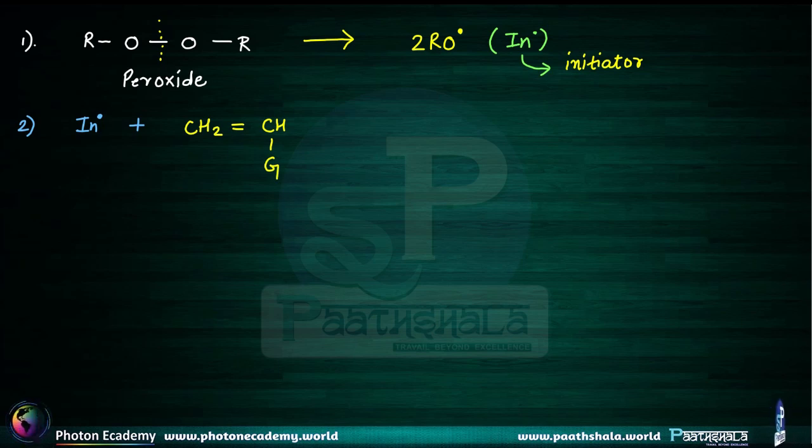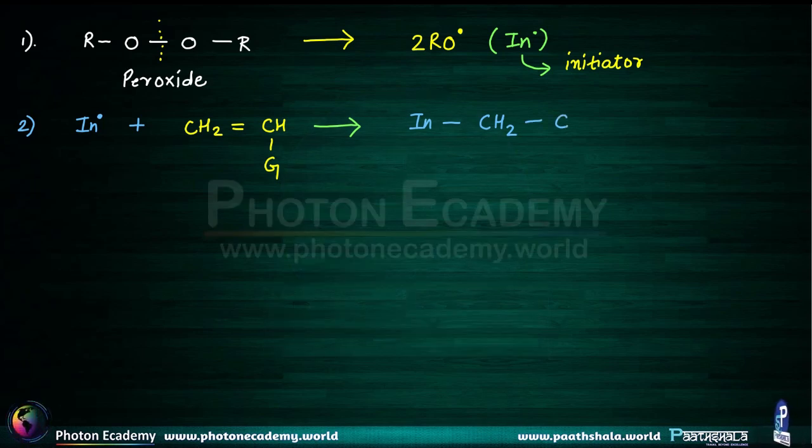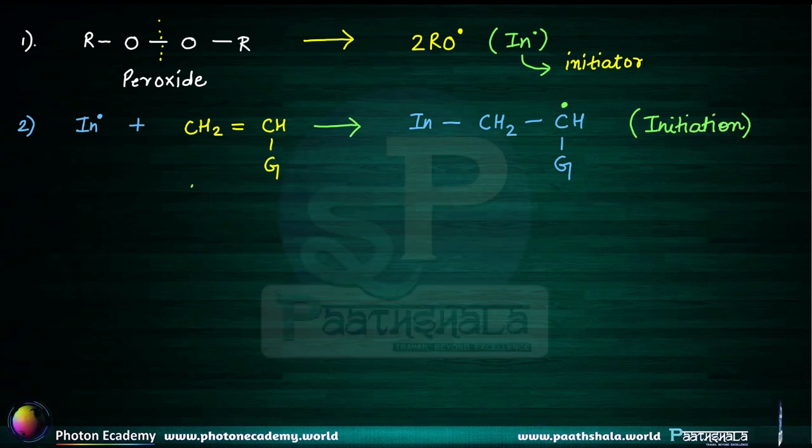When we move on, this initiator attaches itself to the CH2 of the monomer, and we have CHG. Now the radical is shifted onto this. This step is known as the initiation step, as the initiator has attacked the monomer.